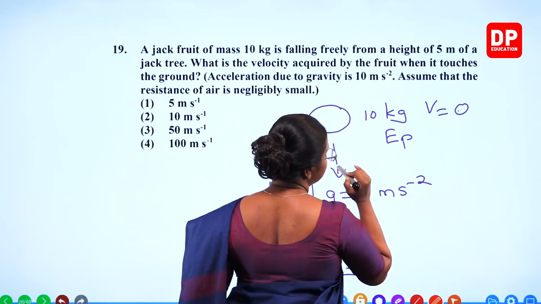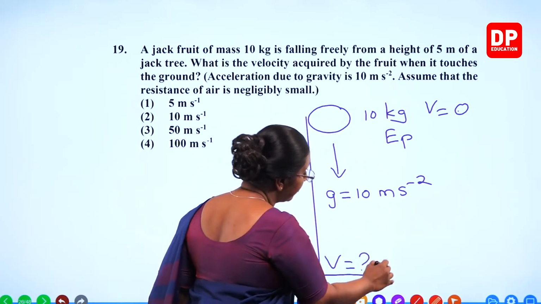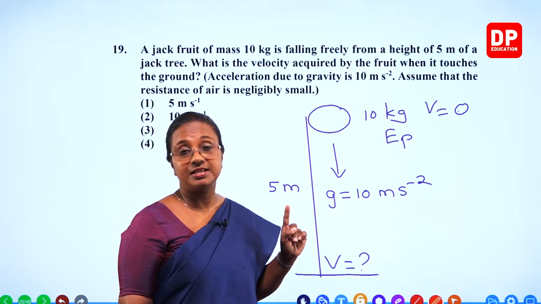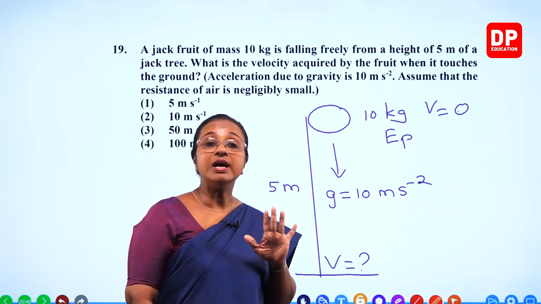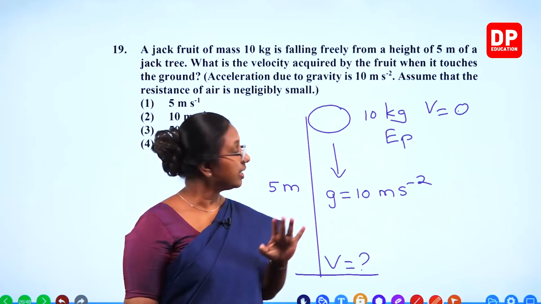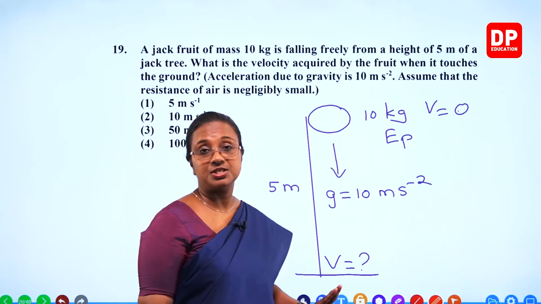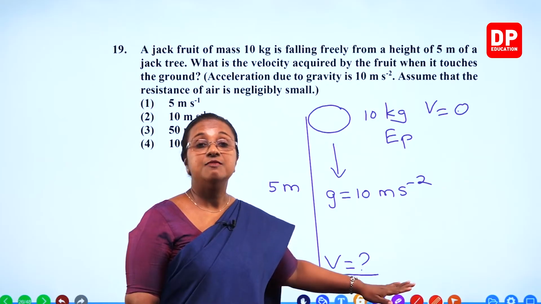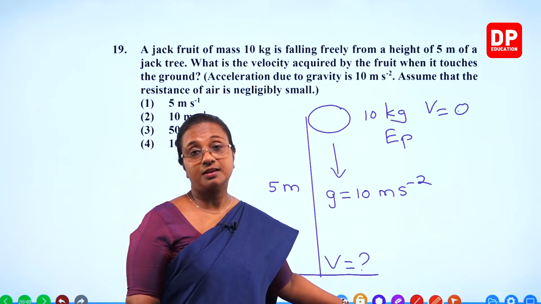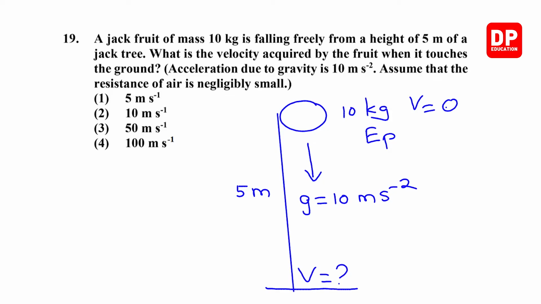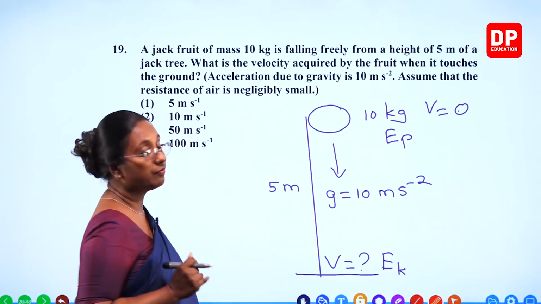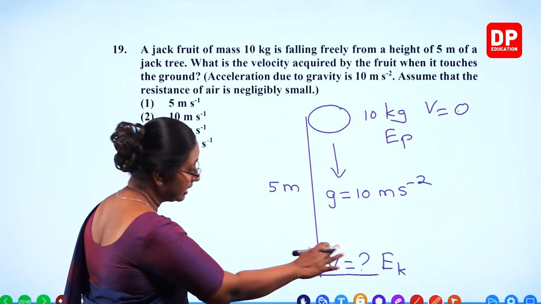E potential is there. As it comes down, since the resistance of air is negligible, there will be no energy lost. So all this potential energy will be converted to kinetic energy when the fruit reaches the ground. So here there will be only kinetic energy. What we need to do is equate the potential energy and kinetic energy.